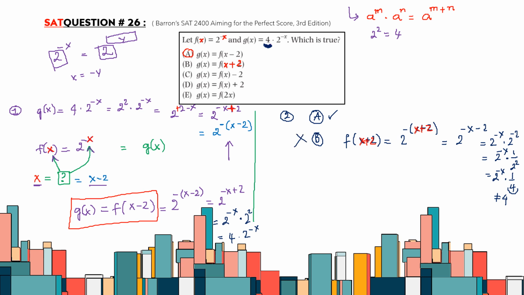So it's not a good choice. Now try C. We have f of x minus 2, which is 2 to the power of negative x minus 2. There's no way it will look like g of x. The same thing here, it is outside of the function, not multiplication, but we still plug in to see.